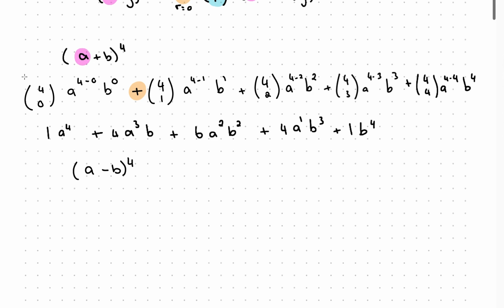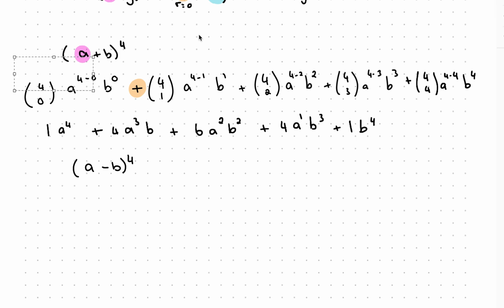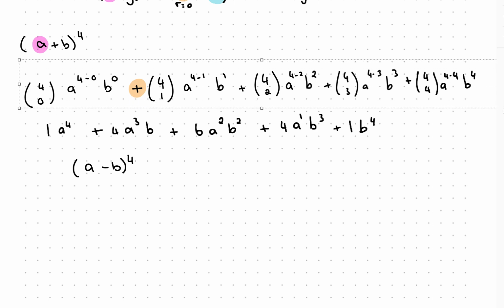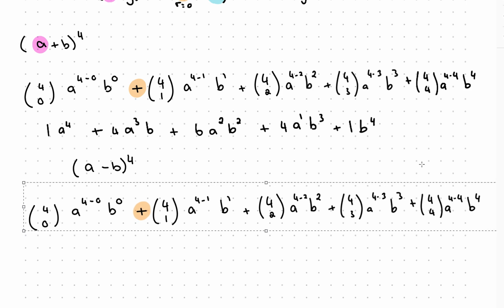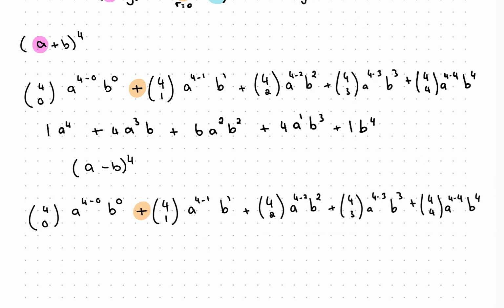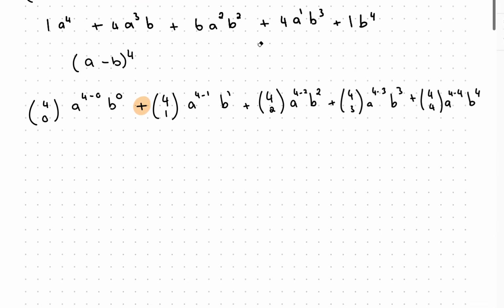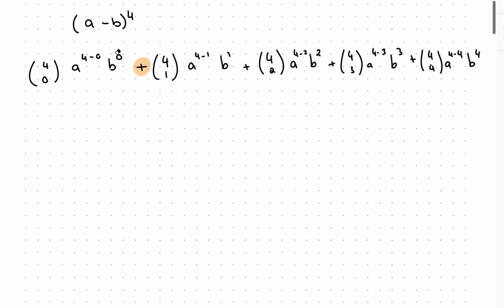So the minus is the big difference between what I have now and what I've had before. So what I'm going to do this time, I'm effectively doing the exact same calculation, but anytime I deal with that b, I need to make myself aware that it's a minus b. So I'm going to put that b in brackets when I put it in.